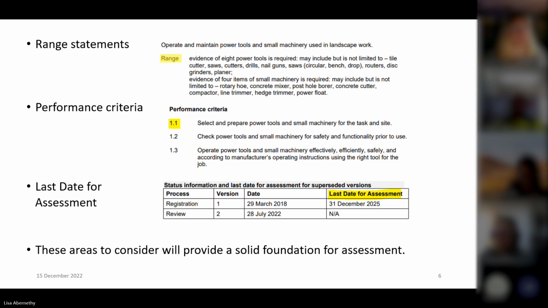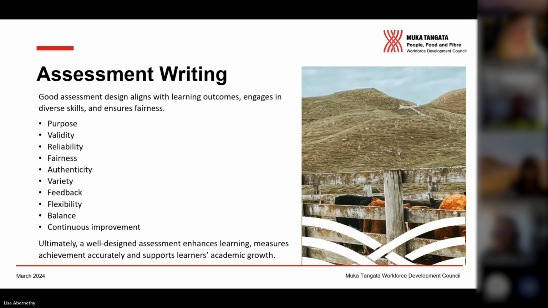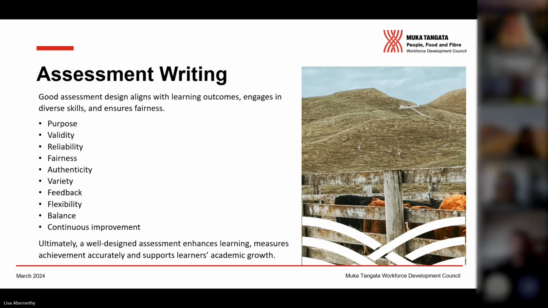So yeah, next slide. Assessment writing: a good assessment design aligns with learning outcomes, engages diverse skills, and ensures fairness. To achieve this, there are different things to consider, such as clearly stating assessment purposes and how it aligns with course objectives and unit standards.